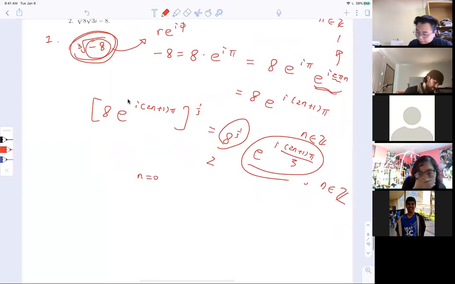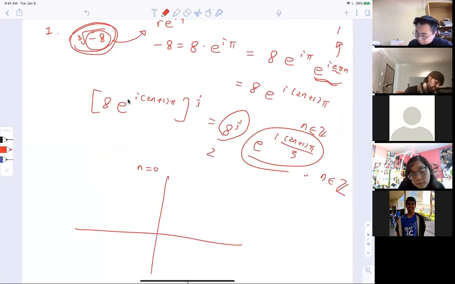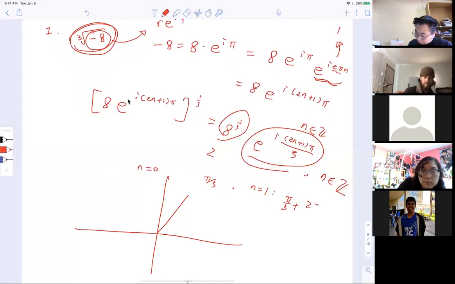When n equals 0, the angle is pi over 3, which is like this, right? And when n equals 1, it is pi plus 2 pi over 3, which is pi at this point.